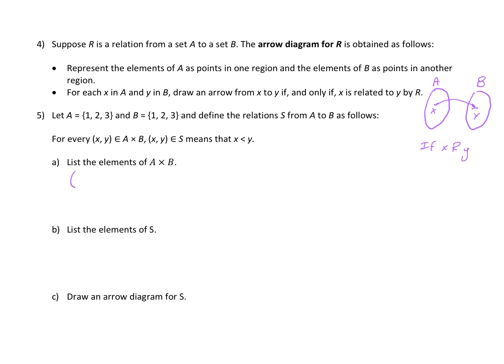I have (1, 1), (1, 2), and (1, 3): the first element of A paired with every element of B. Then the second element of A paired with every element of B, and then the third element of A paired with every element of B.